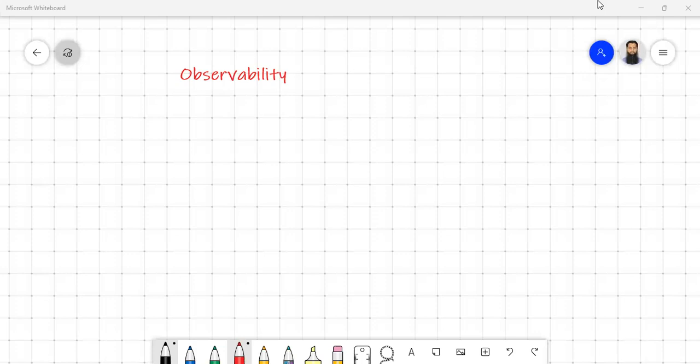This is a requirement in observer design. If any state variable has no effect upon the output, then we cannot estimate that state variable by observing the output. The ability to observe a state variable from the output we can also see from the diagonalized system.